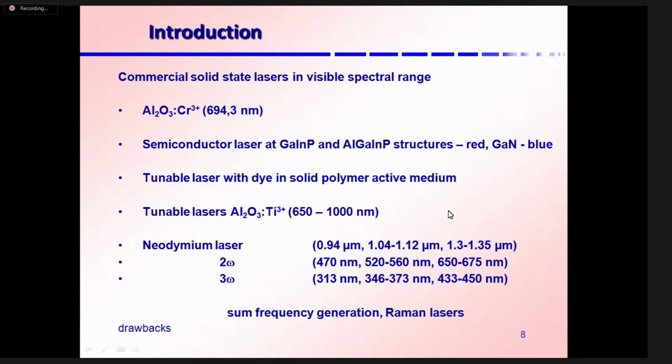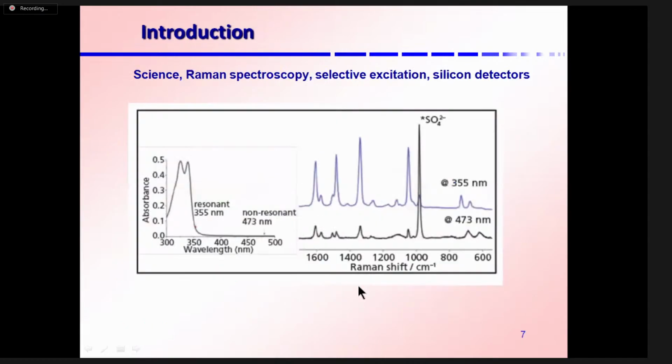Most of the lasers that are commonly used employ a neodymium laser as the source of fundamental radiation, and then they have second and third harmonic radiation that gives us the certain wavelengths that are written here.